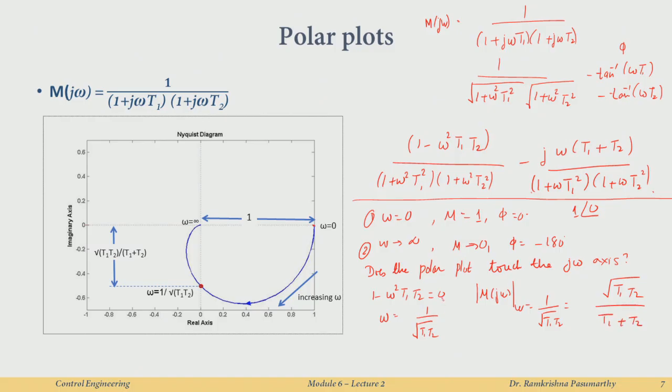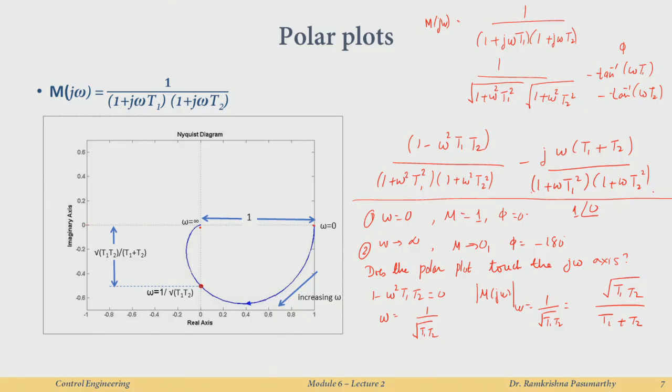This could be easily obtained by just substituting this in the expression for magnitude. That's marked here, right? And then as omega goes to infinity, you again reach the origin, or if I use the root locus terminology, arrive at an angle of minus 180 degrees to this point.